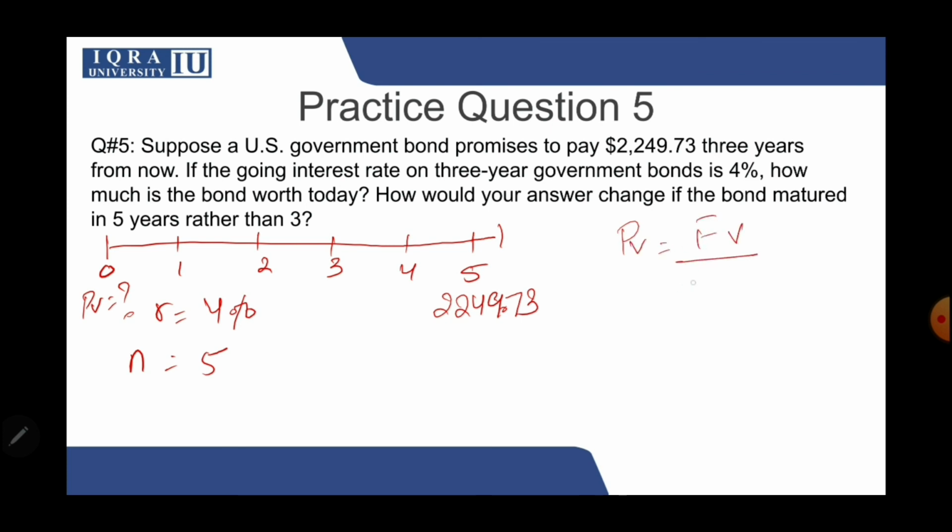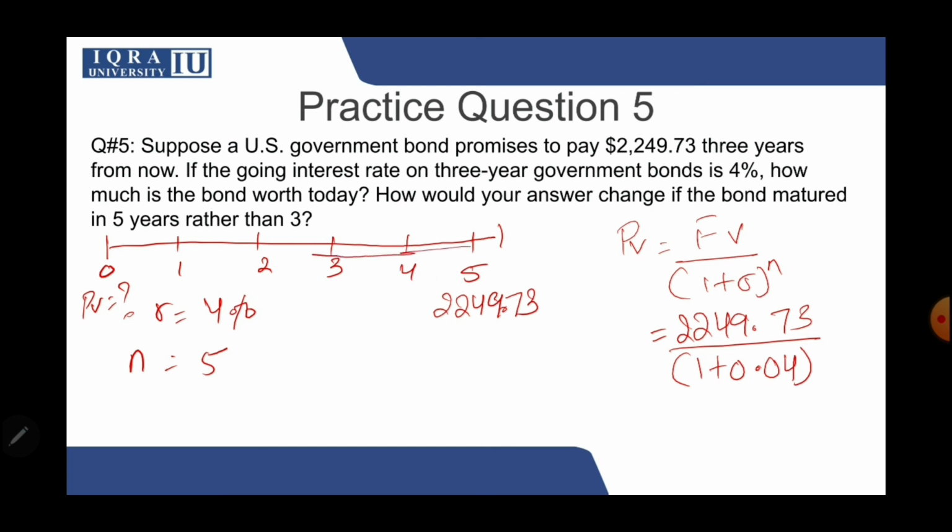So you will use the same formula. Future value is 2249.73. The rate is 4%, and it's going to come back now 5 years. So this is 1 year, 2 years, 3 years, 4 years, 5 years. It's going to come back 5 years.